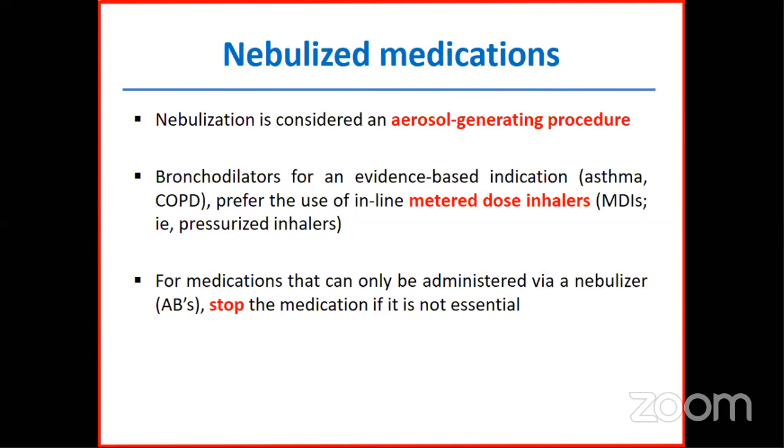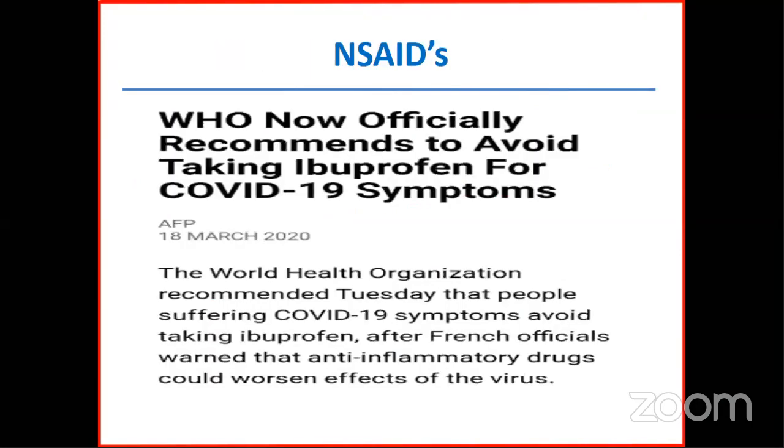We should not use unless it's a very necessary issue for the patient. So usually we will stop any adjunctive therapy as nebulizer, and if there is a bronchodilator, we will shift to metered dose inhaler, and we are avoiding any aerosol generating procedure. So nebulizers usually we are trying to avoid.